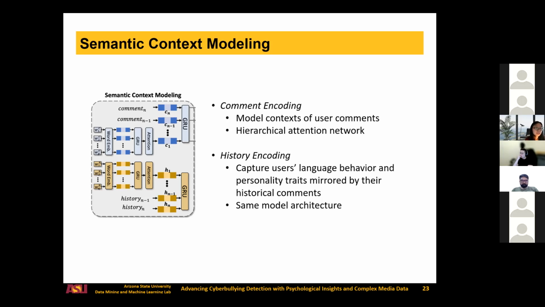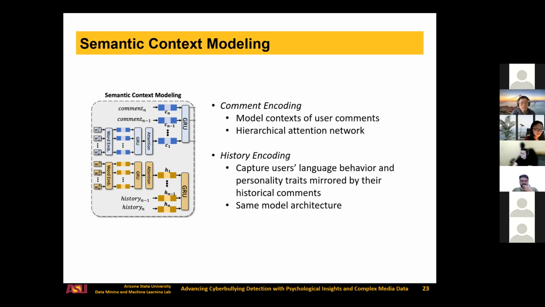For the comment encoding, we use a hierarchical attention network to learn the comment representation. For the historical comments, we also use a hierarchical attention network. A sequence of words can form a comment, right? And then a sequence of comments can form the history, like a user can post a sequence of comments.